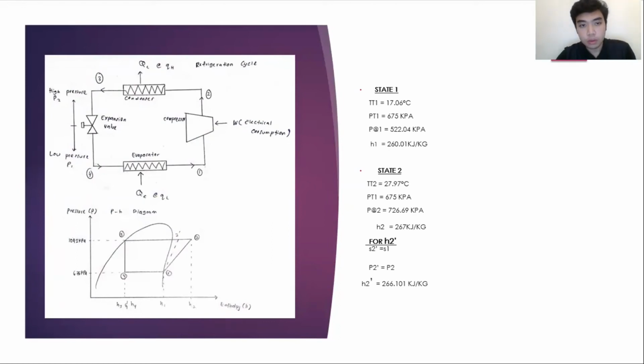Note that there is also a theoretical value of H2, which we will find to compare the COP. To find the H2, as we know, the entropy for S2 and S1 is the same. Also, the pressure for P2 is the same.